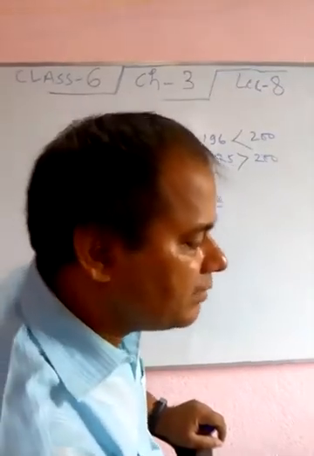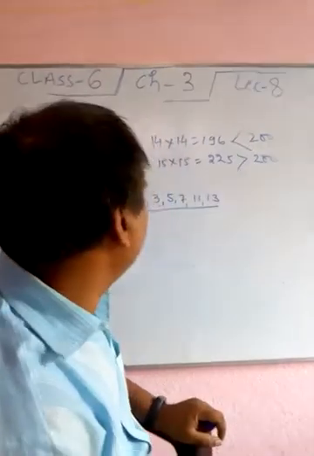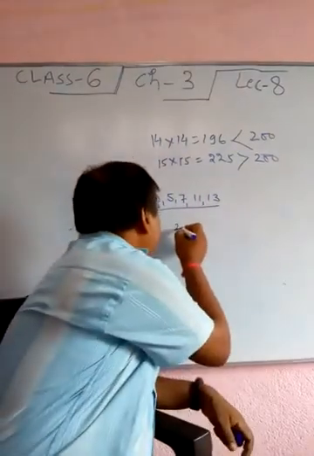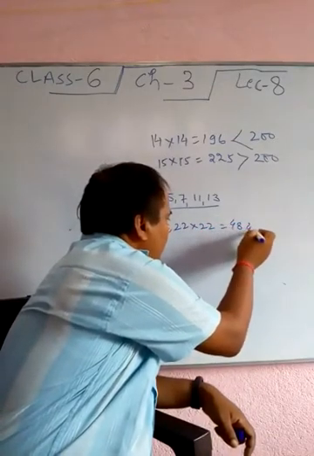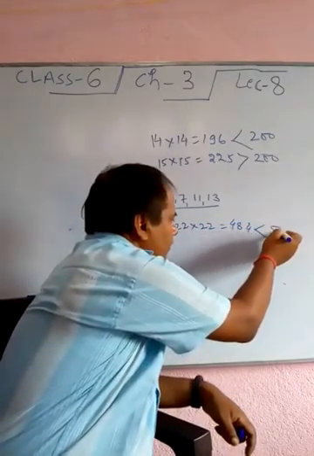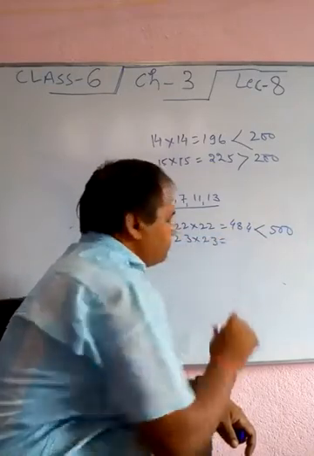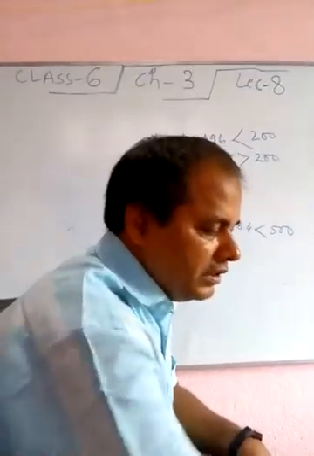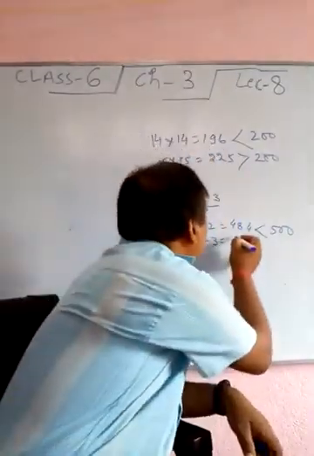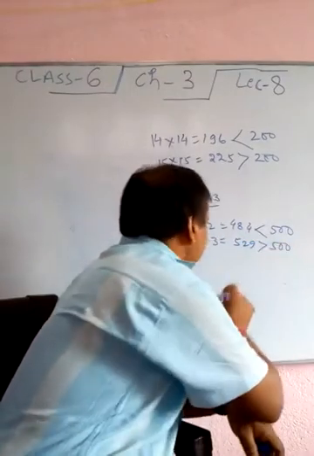In the second case, if the number is less than 500, 22 into 22 is 484, and this is less than 500. And 23 into 23 is equal to 529, which is more than 500.